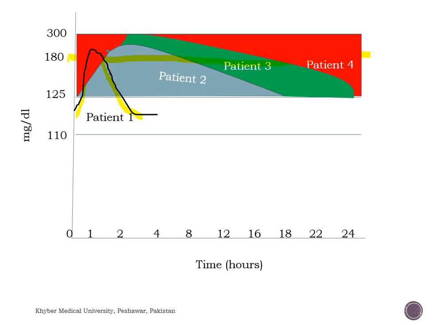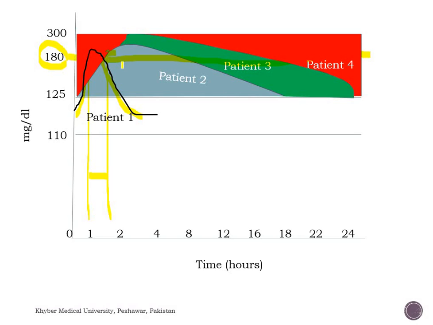A level above the kidney threshold, if you draw a perpendicular from here, is usually 1 hour, and for almost 1 hour, glucose will start appearing in urine. So in pre-lunch urine, you can find possible glycosuria, or glucose appearing in urine.